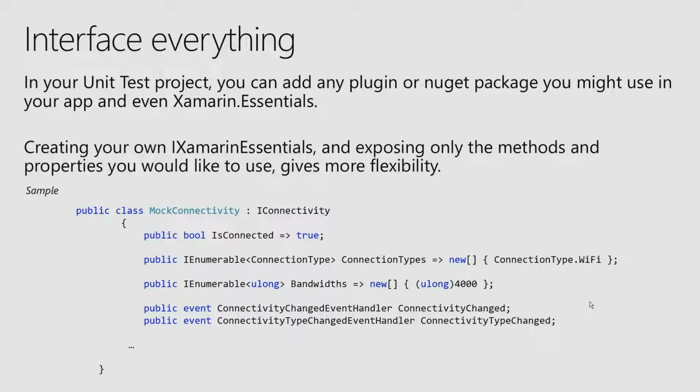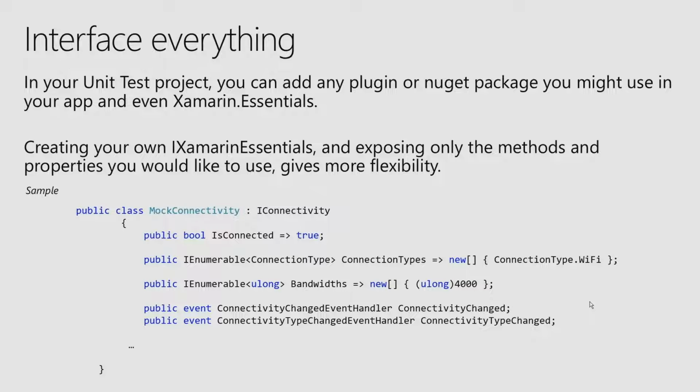Another thing that is also important is you can interface everything. So if you're using plugins or NuGet packages, you can add them to your unit test project in order to test everything that you're using in your application. If you're using Xamarin Essentials, you can create the interfaces in order to mock all the services.